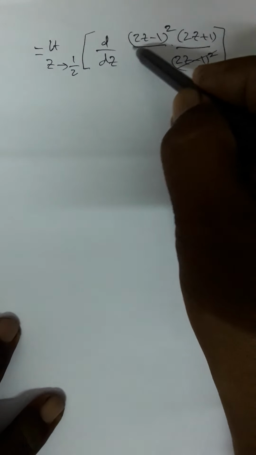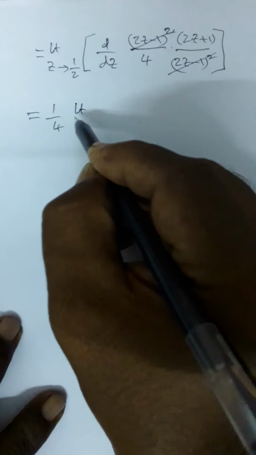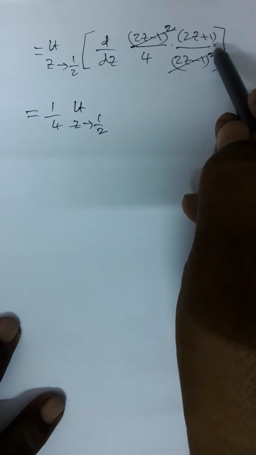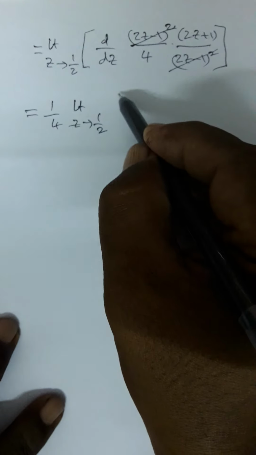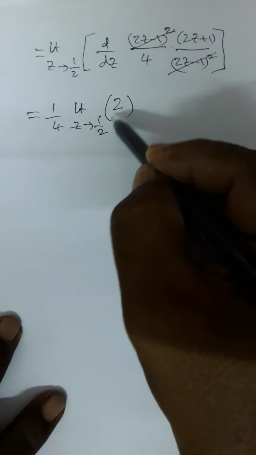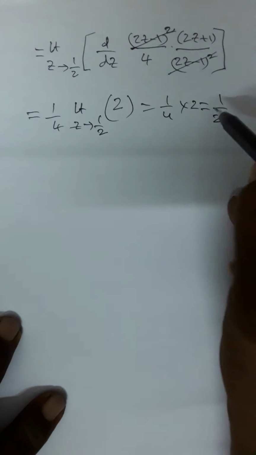So this cancels, leaving 1/4 constant, limit z tends to 1/2 of d by dz of (2z plus 1). The derivative of 2z is 2 and of 1 is 0, so it is 2. So 1/4 into 2 is 1/2.